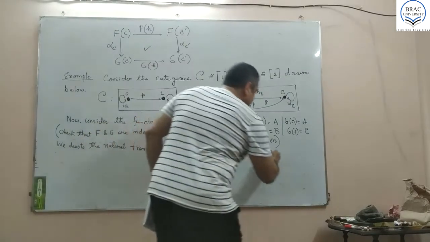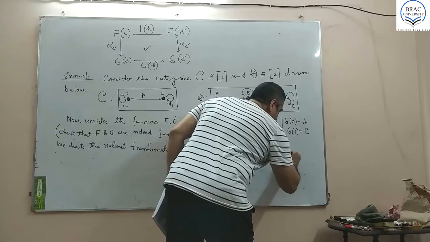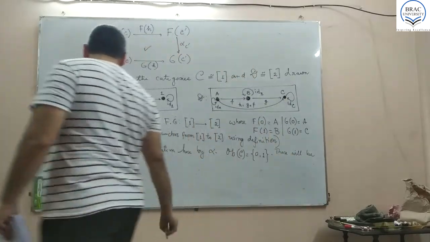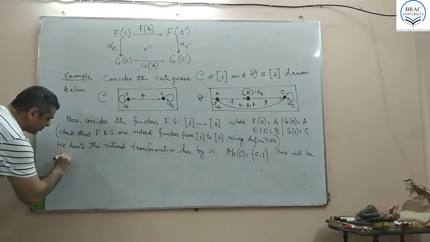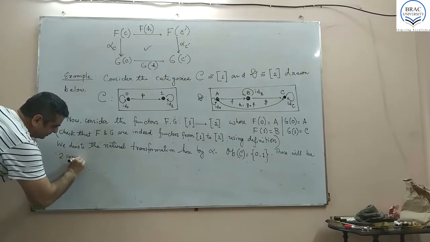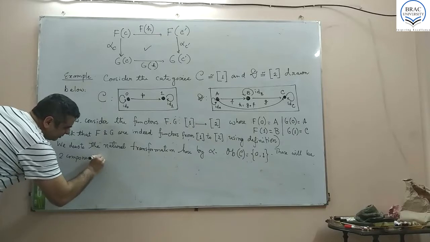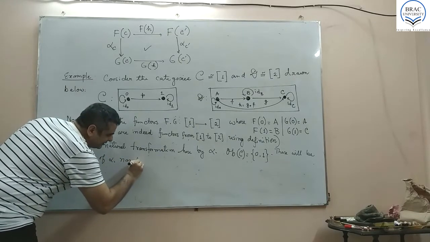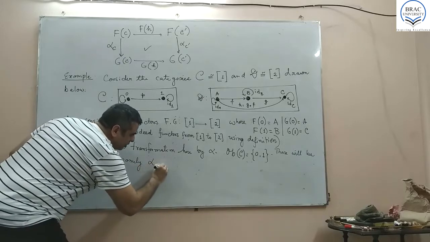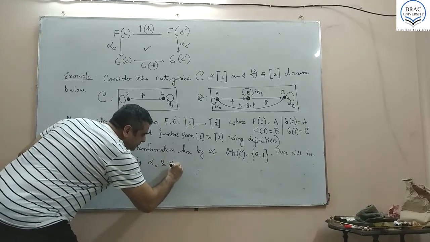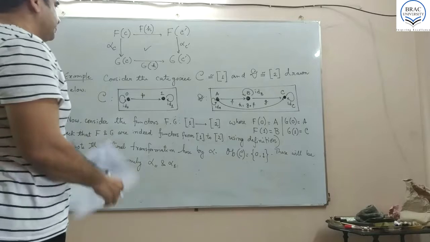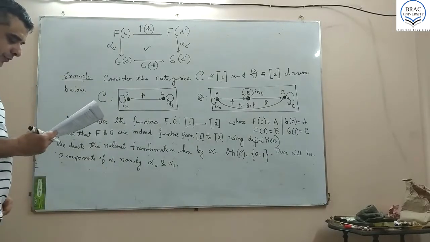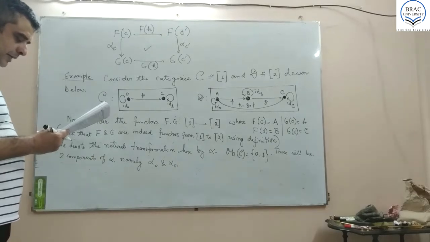So there will be two components of alpha, namely alpha 0 and alpha 1.